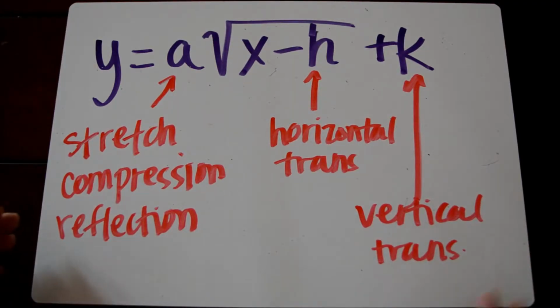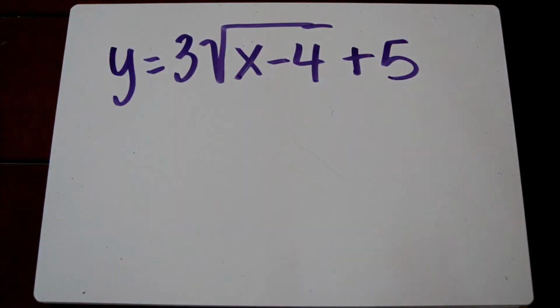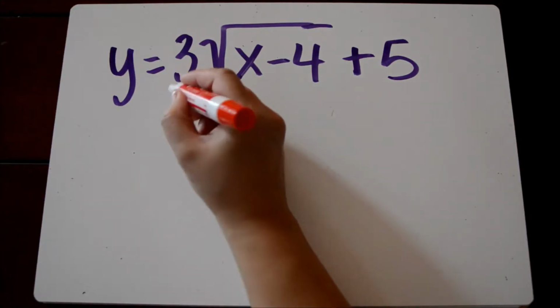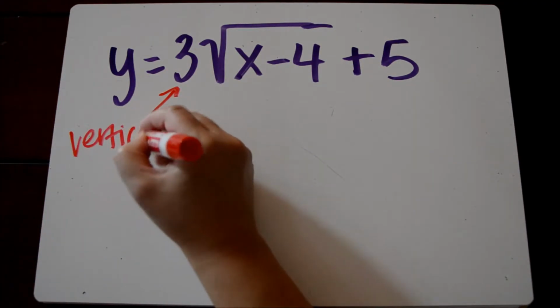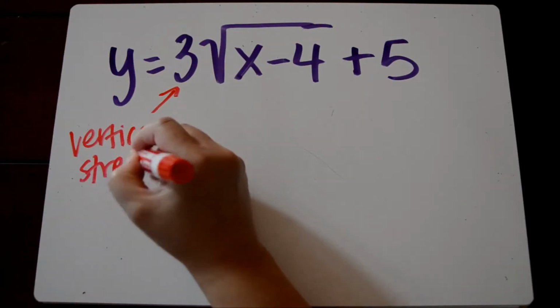Let's take a look at our first example. Here, our a value is positive 3. So what that tells us is that our graph is vertically stretched by a scale factor of 3.